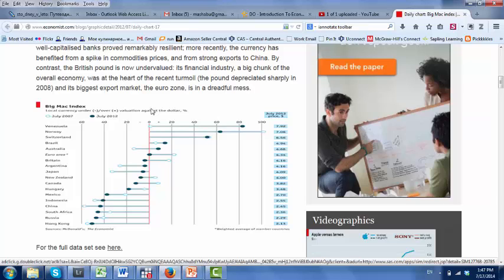Everything above the zero line is overvalued currency. Everything below the zero line is undervalued currency. So we see that compared to the United States dollar, the Chinese currency is undervalued. Hong Kong and Russian currencies are also undervalued. So this is what the Big Mac index is going to tell us.